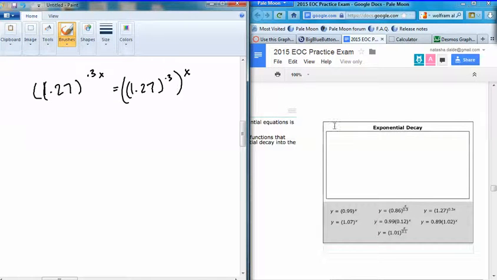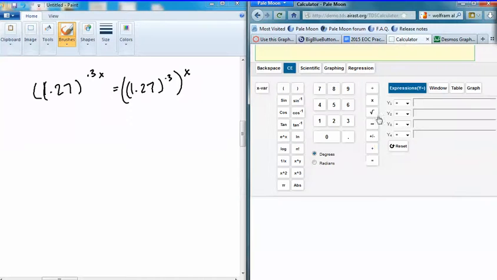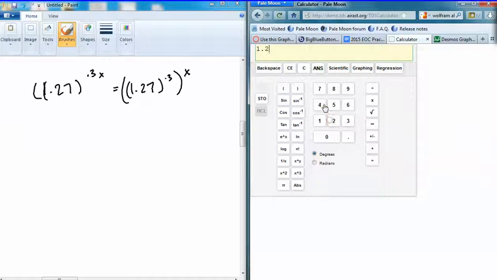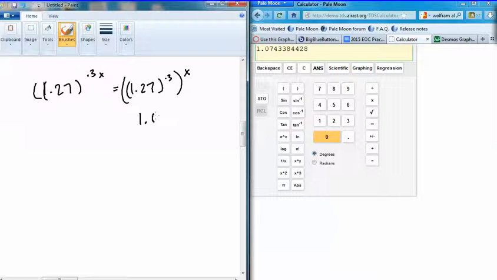And I can use my calculator to figure out what that number is. What is, Mr. Calculator, let me go back to a scientific, what is 1.27 caret 0.3 power? That is 1.074 to the x power.